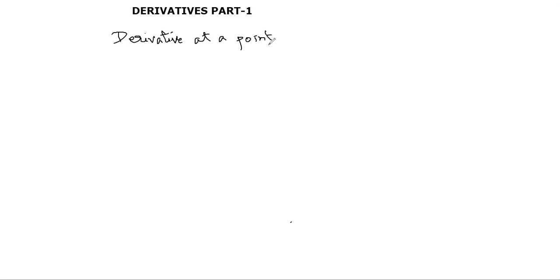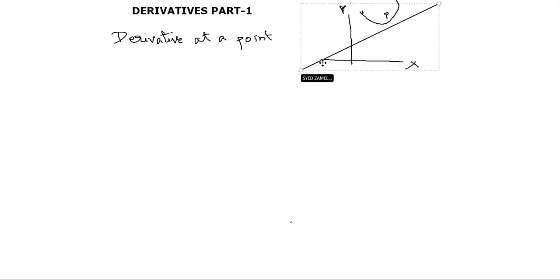If we see as per the mathematics, the derivative at a point, what is a derivative? Derivative represents the slope of a tangent. Suppose this is the x-axis and this is the y-axis, and there is a curve like this with a point P. If we draw the tangent touching this point, and this tangent will cut the x-axis, this is called the slope.